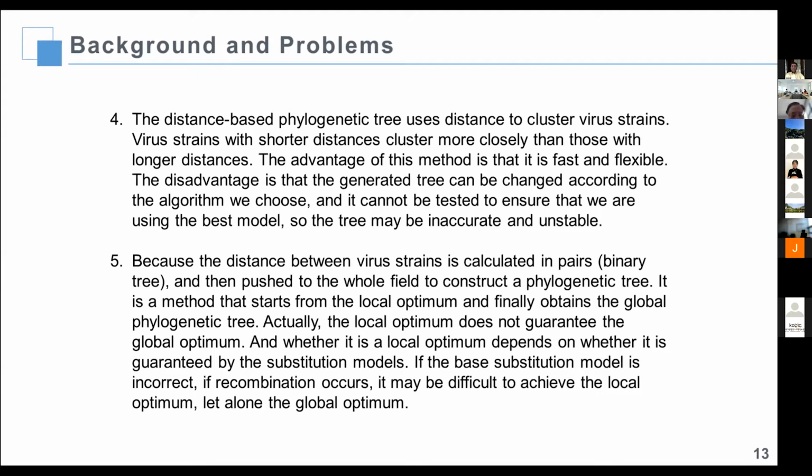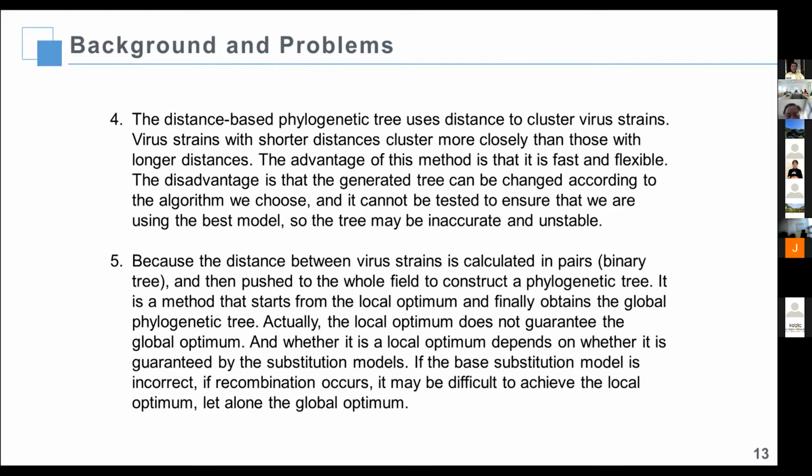Because the distance between various strains is calculated in pairs, this means a binary tree, which is then pushed to the whole field to construct the phylogenetic tree. It is a method that starts from the local optimum and finally obtains the global phylogenetic tree.